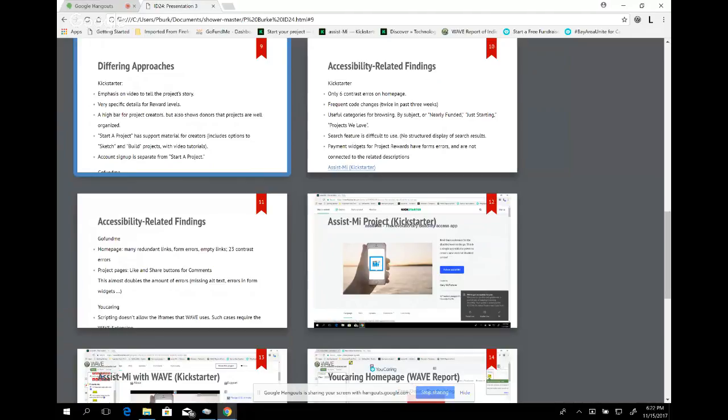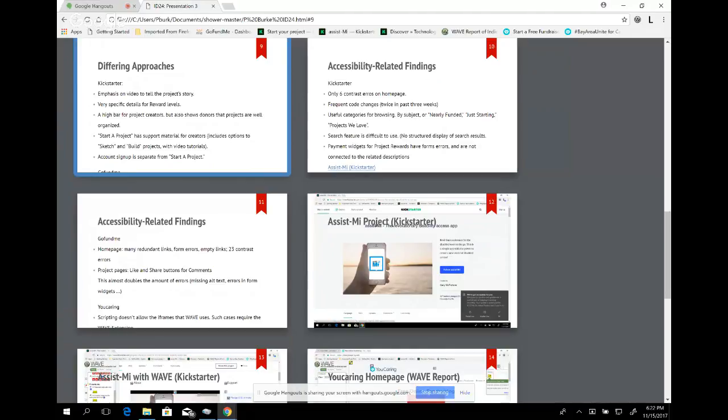So it sets kind of a high bar for the creators, but from the donor side, it also lets you know that these folks know what they're doing. They're pretty well organized. There's still some odd projects on there, but anyhow, the start a project area has a whole section of the site, with sketching tools, build your project tools, and tutorials. So they do support the creators.